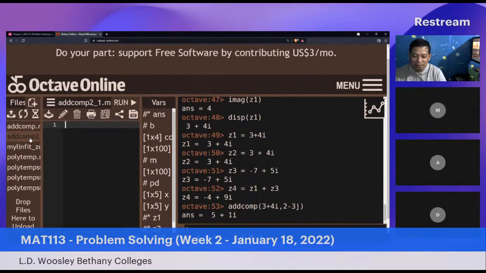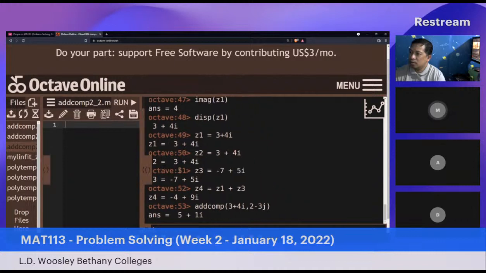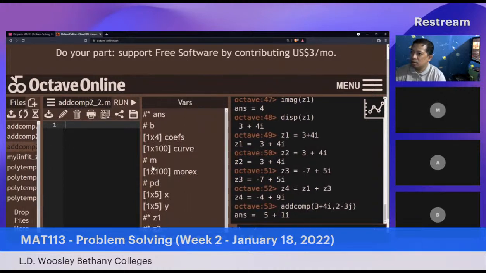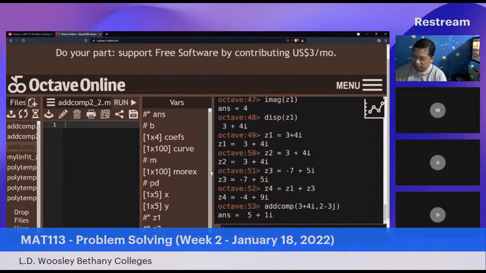Ano kaya nangyari? Pero na-upload mo na, Micaela. Maaring text file siguro yun. Hindi ko kasi makita dito eh. Sobrang laki ng ano. Ayaw niya nang ma-atras.